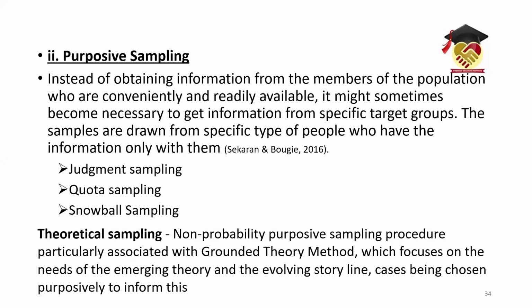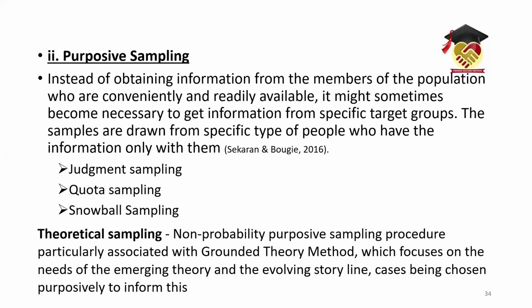You judge yourself. Sometimes your judgment may be wrong, but you don't have any other option. So this is called judgmental sampling. You decide you can get information only from these people. So that is called judgmental sampling.